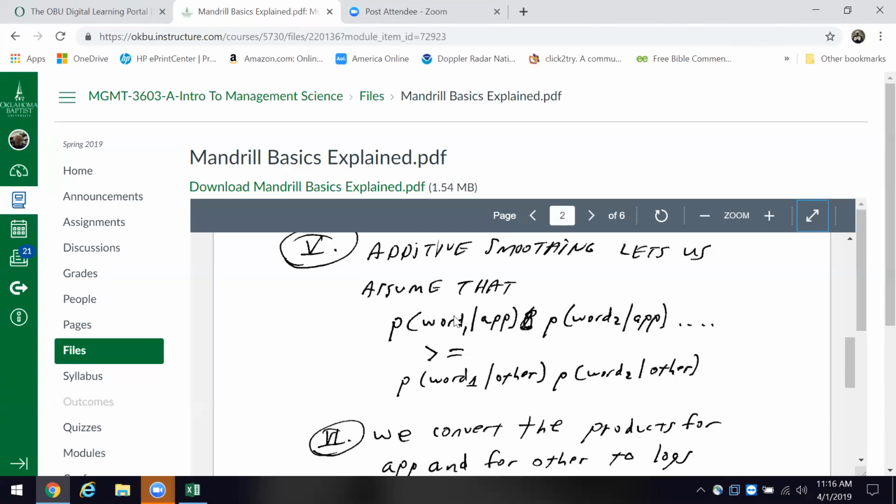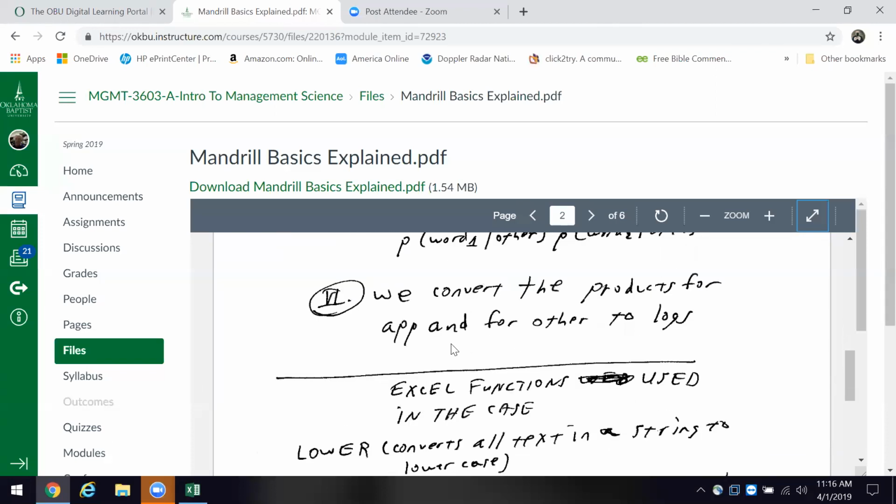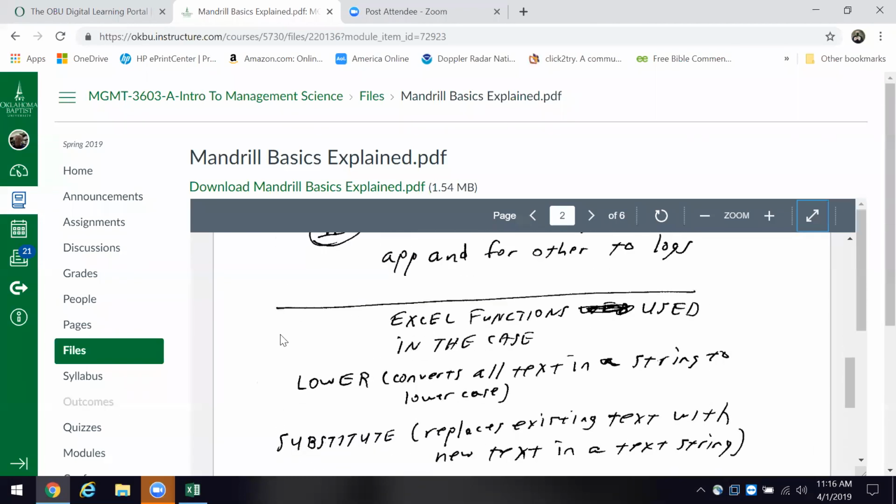And we'll add a 1 on that to create a smoothing constant. Then we're going to convert those products, and then we'll start to use some Excel functions to build a predictive model and determine whether or not the tweet is about that company's product, Mandrill. Does that make sense? Yeah?